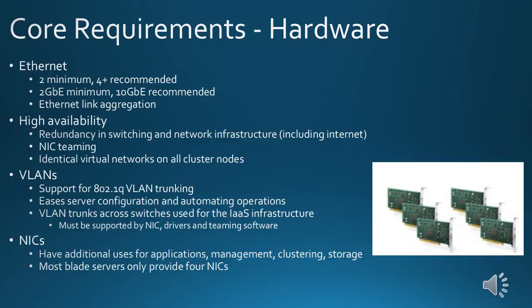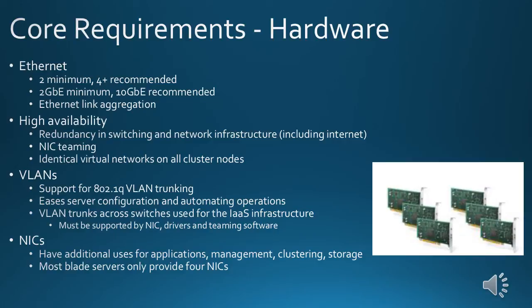For Ethernet, you want to have at least 2 gigabit Ethernet, but again 10 GbE is recommended. Of course, the faster the networking, the faster the operations. You'll have higher performance and be able to access and interact with services much faster.